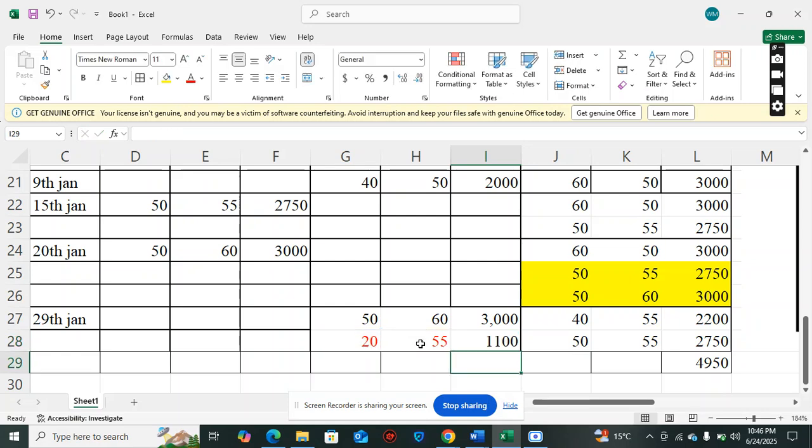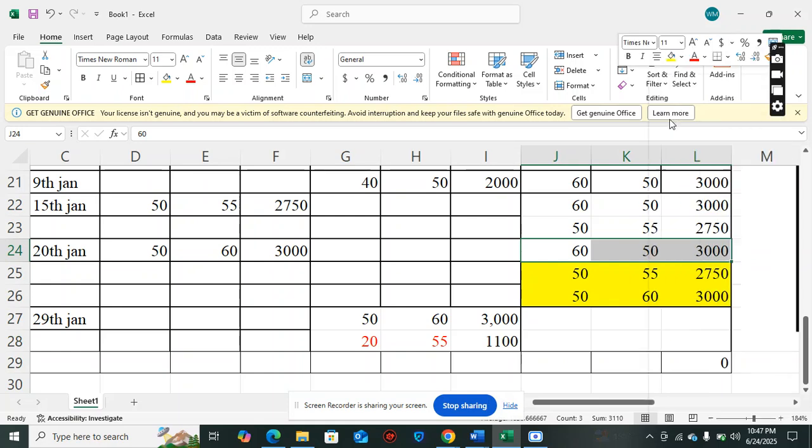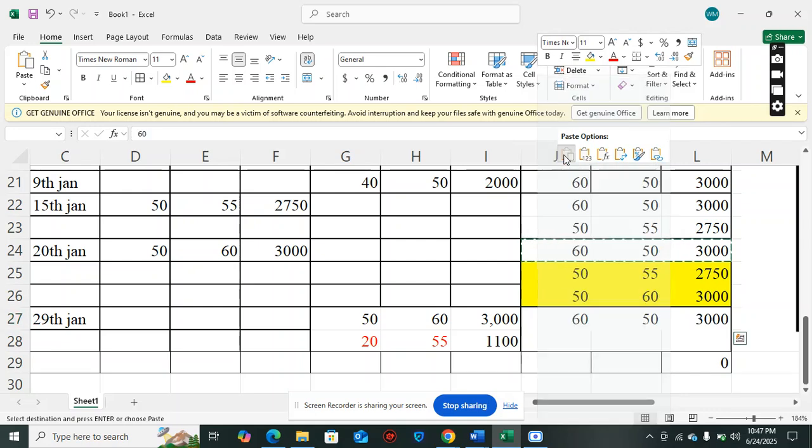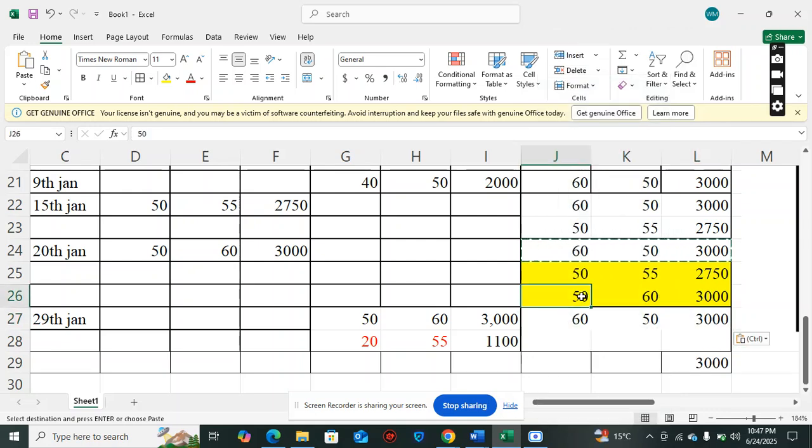You get 1,100. So what we've remained within our shop, these 60 units at 50 kwacha. And then from this 50 in the middle, we remove the 20.